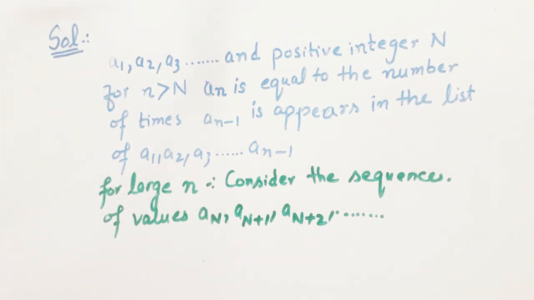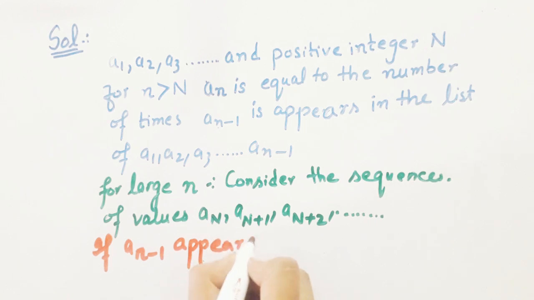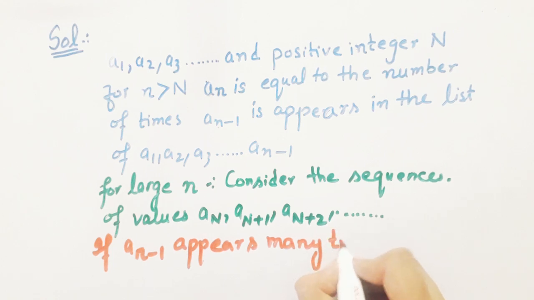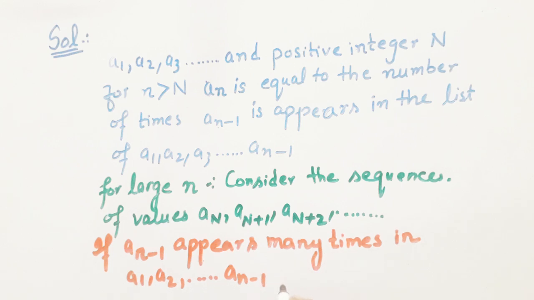Now we have two cases. If an minus 1 appears many times in a1, a2 up to an minus 1, this implies that an will be large.